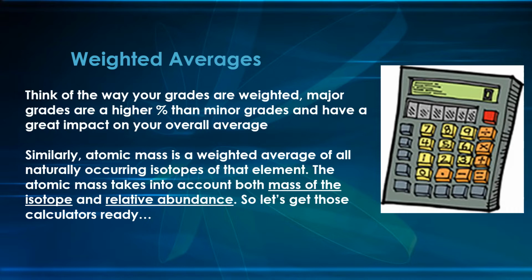According to your experience with weighted averages, the more abundant a number is, the more likely it will affect your overall grade. So major grades, because they are more abundant in your overall average for the 6 weeks, will make your weighted average closer to your major grade average than your minor grade average.